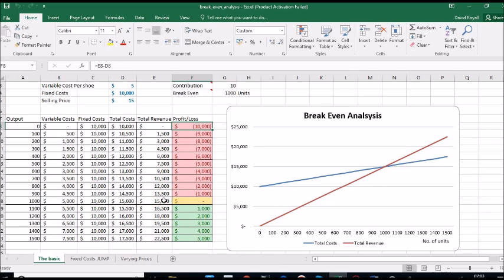So in the pink highlighted profit/loss, we're making losses because we're not making enough revenue to cover our costs. And this is the vital point, because when we make 1,000, it matches this figure up here.